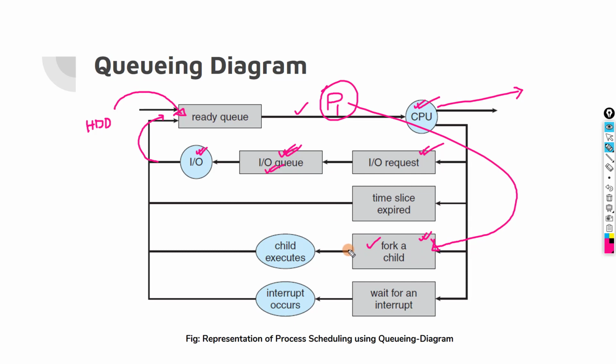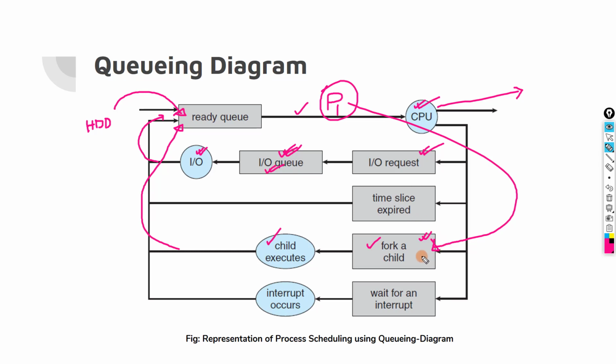Why does the process wait? In the Unix system, whenever a process creates a child process, the process waits until the child executes. When the child process is finished with its execution, then the main process, P1, again goes to the ready queue to resume its execution.